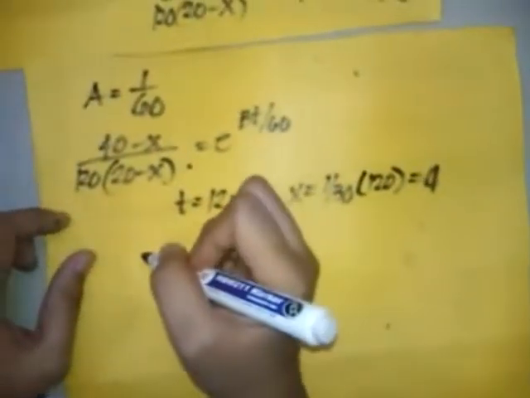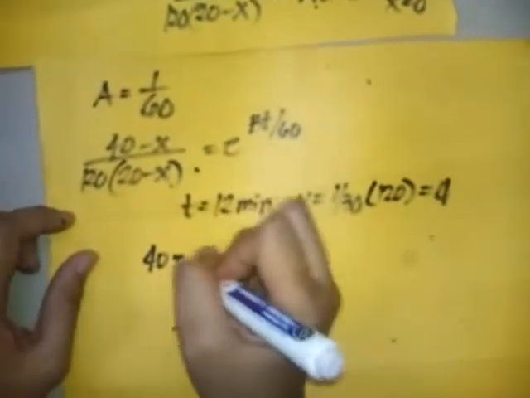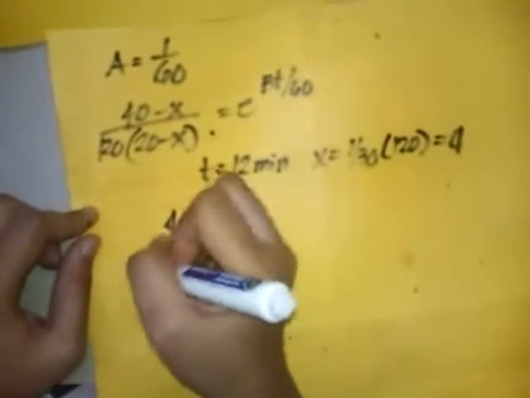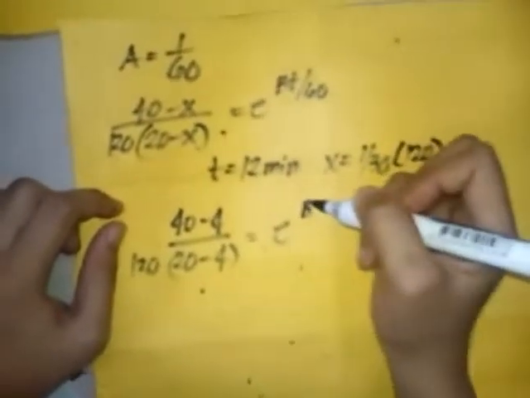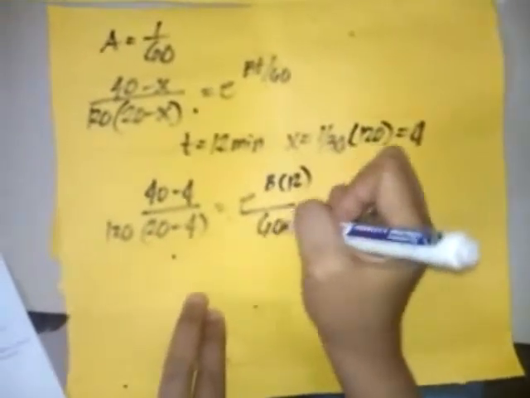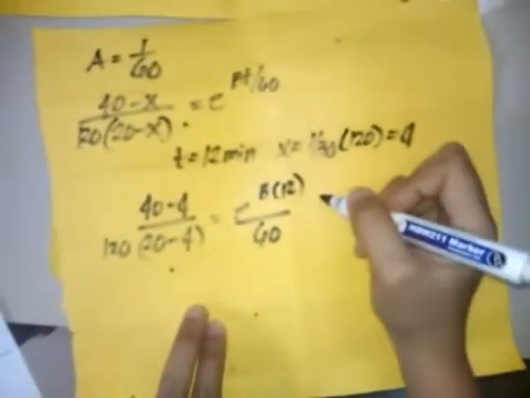Then you will get (40 minus 4) divided by (20 minus 4) times 120 equals e to the power of b times 12 over 60. Then b is equal to 0.0098.